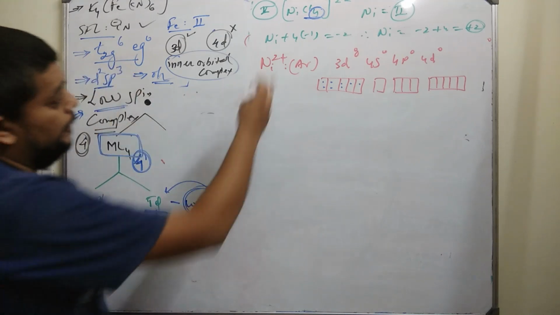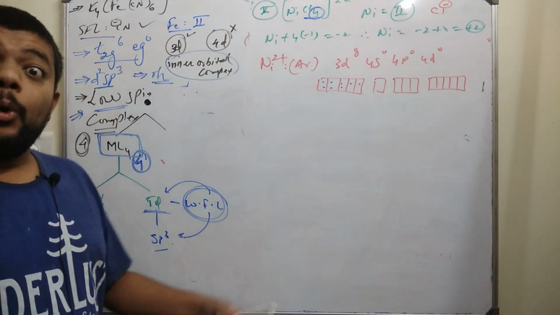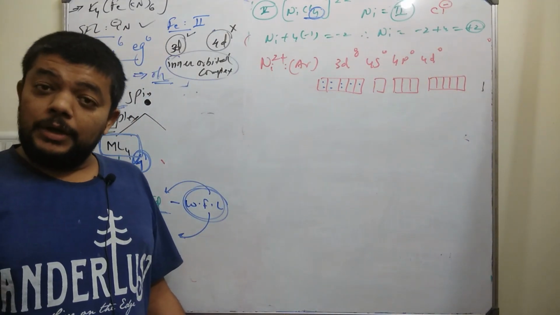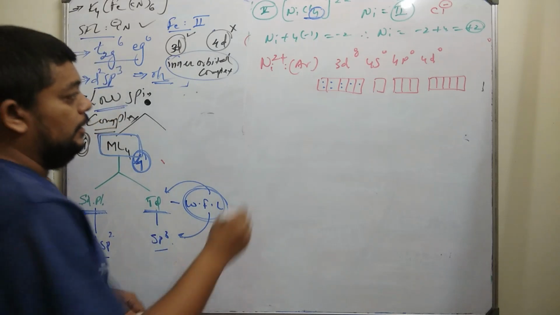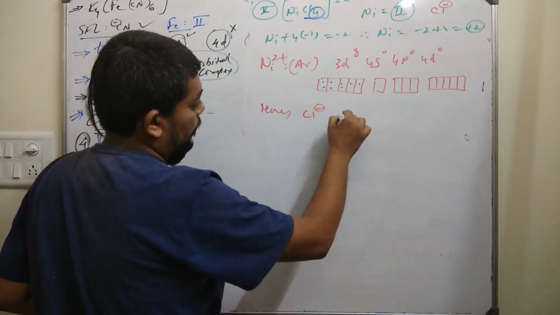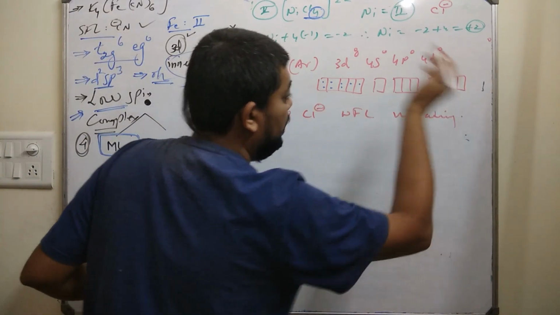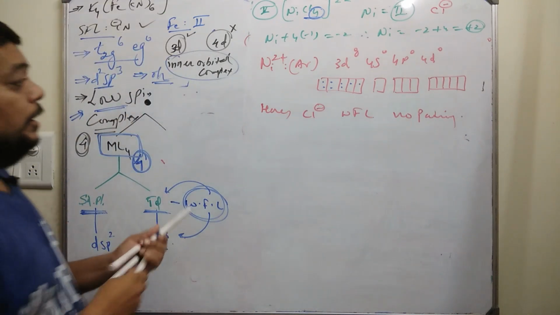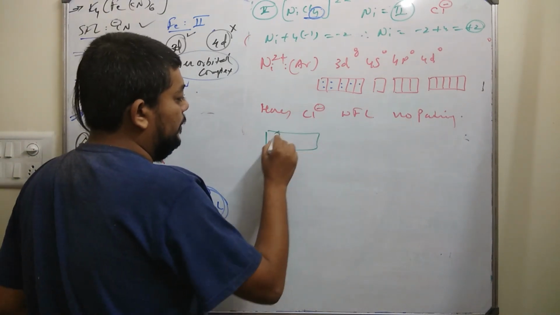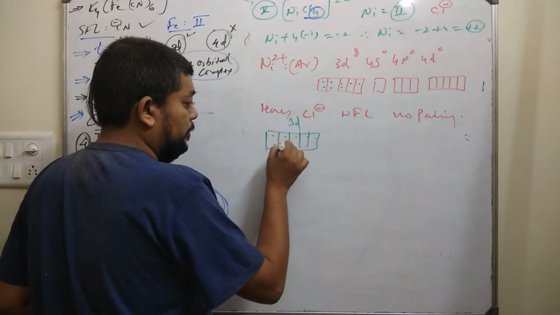Let us check. We have chloride over here, and chloride, which is pronounced as chlorido when it comes to inorganic coordination chemistry, is a weak field ligand. Here, chlorido is a weak field ligand, so no pairing occurs. Let us check. Again, I am not going to represent 3d as such; I will split it.